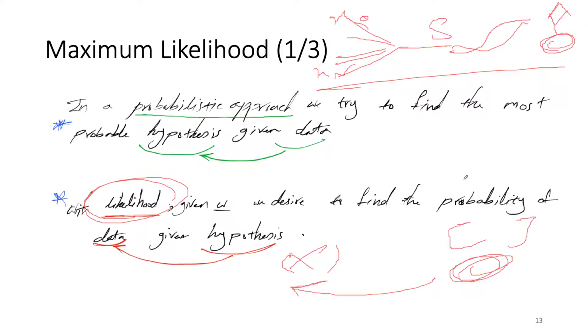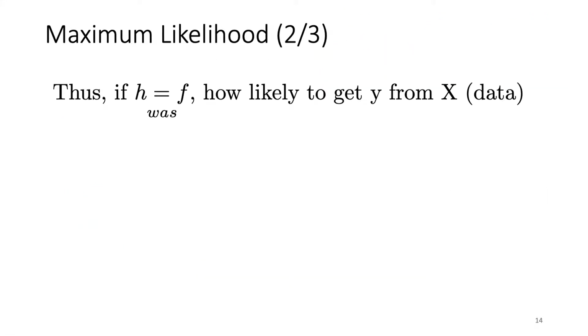So in maximum likelihood methods, or maximum likelihood estimation, MLE, we normally say, thus if H is F, the hypothesis is close to F, or actually when we have H, if H was F, right, assuming that the hypothesis was F, how likely is it to get Y from X? If you knew the F, first of all, you had the results before, right?